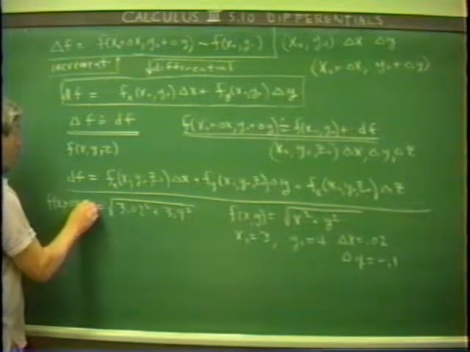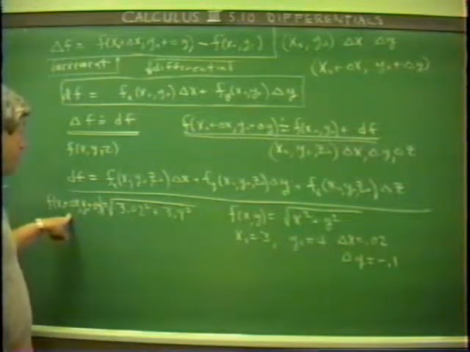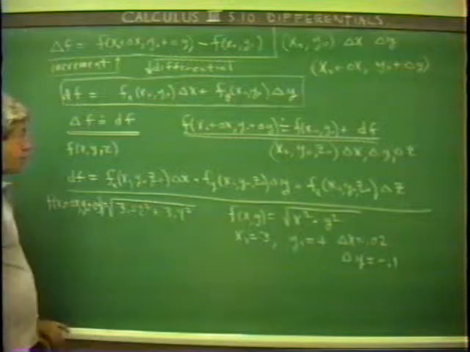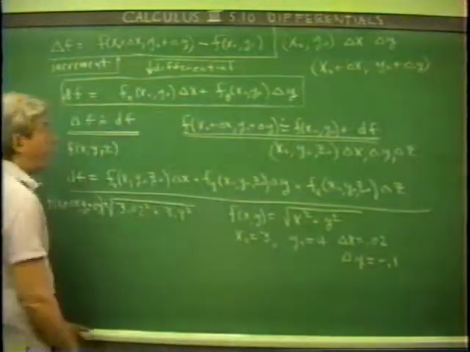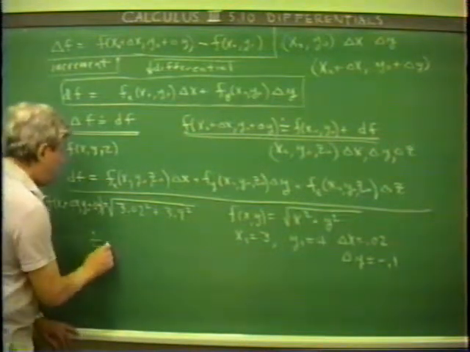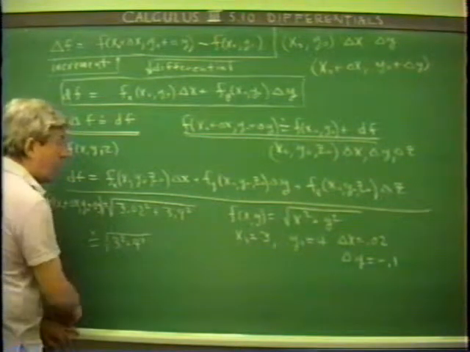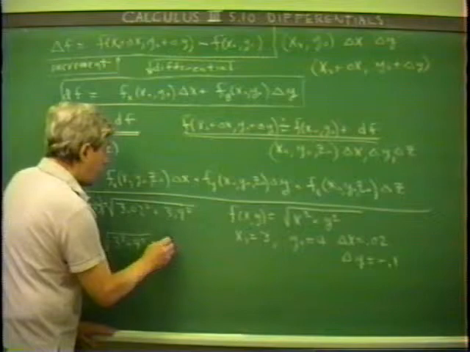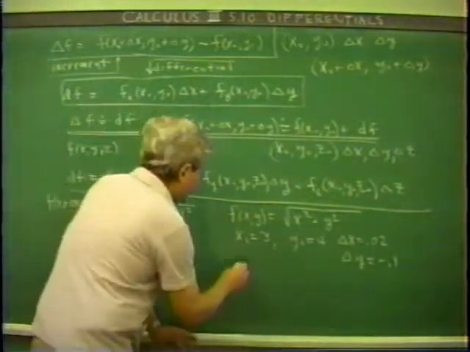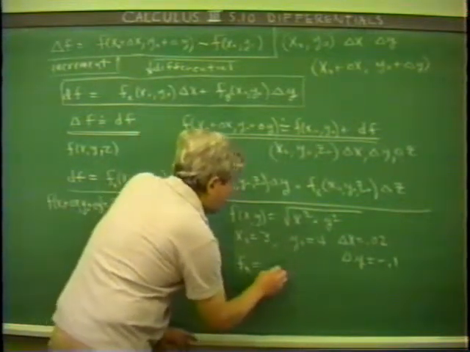Then this is equal to f of x naught plus delta x, y naught plus delta y. That's this quantity right here. And now we know that f of x naught plus delta x, y naught plus delta y is approximately equal to the square root of 3 squared plus 4 squared, the value at x naught, y naught, plus df.